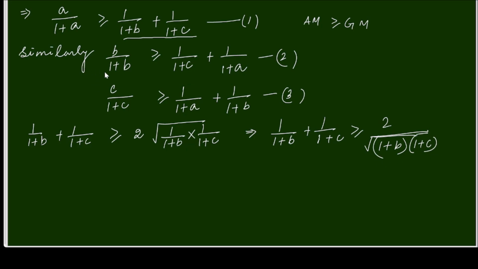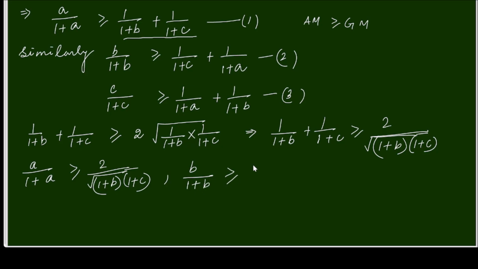So rewriting the inequality 1, we may write a over 1 plus a is greater than or equal to 2 over square root of (1 plus b) multiplied by (1 plus c). Similarly, inequality 2 can be written as b over 1 plus b greater than or equal to 2 times 1 over square root of (1 plus c)(1 plus a).